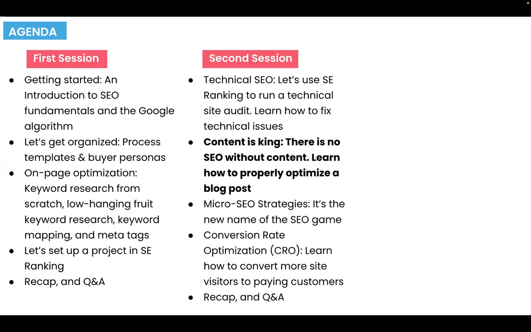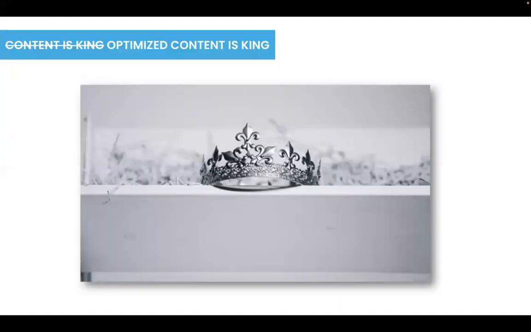That being said, let's talk about content, right? So content is king. Well, it's actually optimized content, all right? There is so much content out there. Sadly, a lot of it is terrible. So Google is currently de-indexing billions of pages of content that the search giant no longer deems useful to people out there.